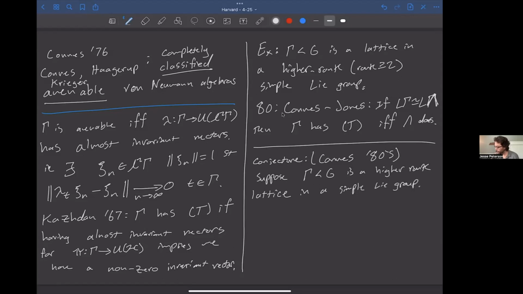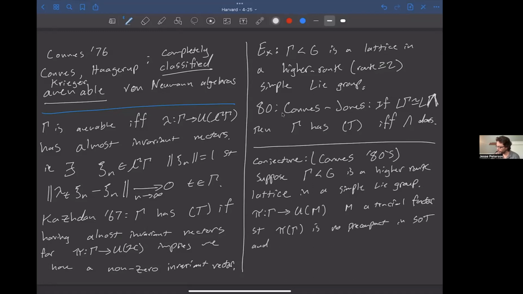And let's suppose we have a homomorphism pi from gamma to the unitary group of M, where M is a tracial factor, and let's suppose that we assume that the range of this is not precompact in the SOT.